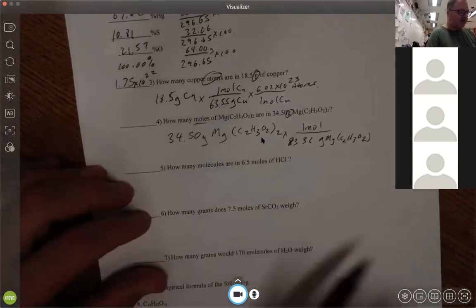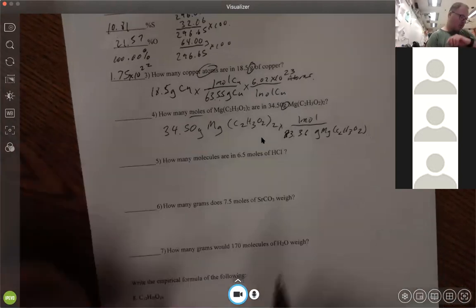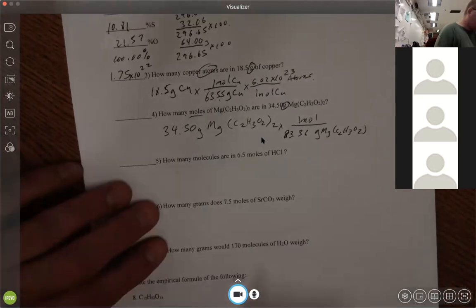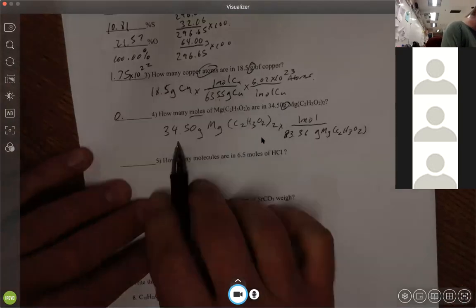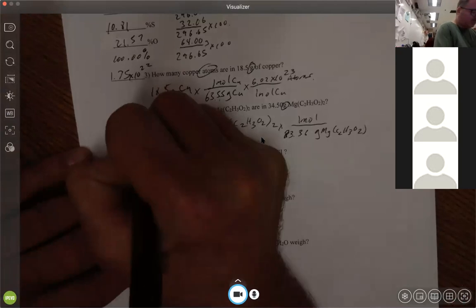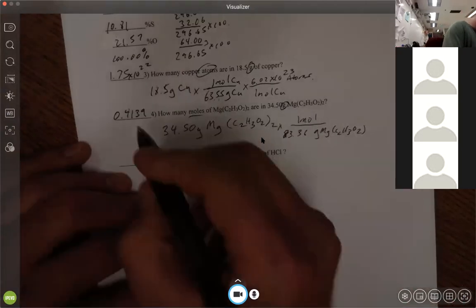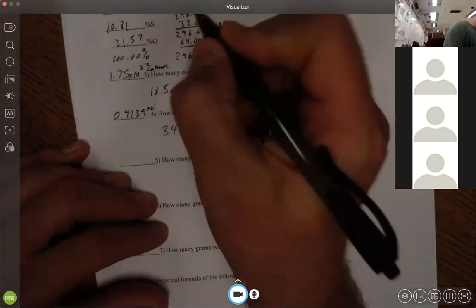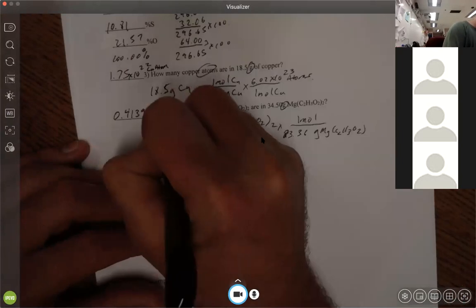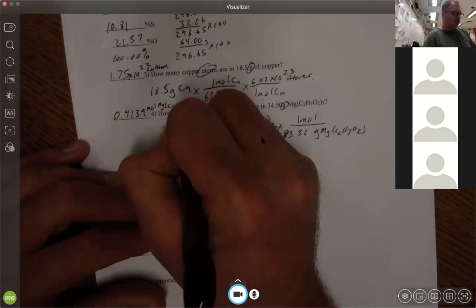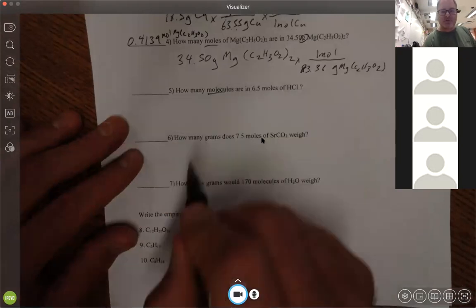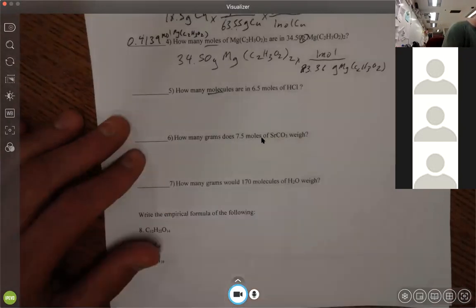So I'm going to take this and divide it by 83.36. 35.50 divided by 83.36. That would be about 0.4259, 4 significant digits. So 0.4259 moles. The next one tells us molecules. So we know we were using Avogadro's number, 6.02 times 10 to the 23rd. 6.5 moles.